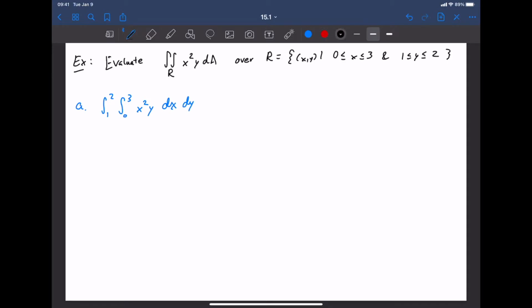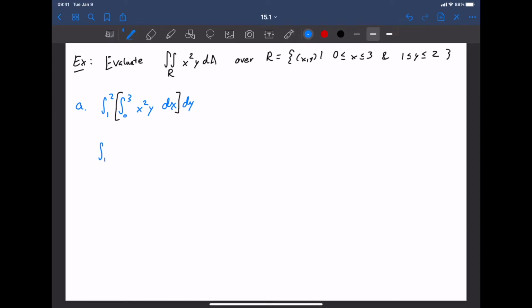Just to be clear, I'm going to do this integral first. When I do this integral, I'm going to treat y like a constant. It might help you, just like when we first started doing derivatives, to imagine that y is a number. What if this integral were 5x squared? You would just use the power rule.